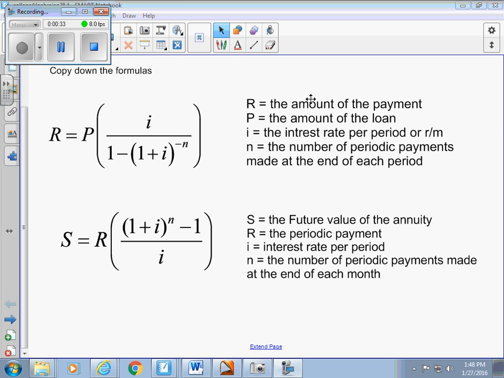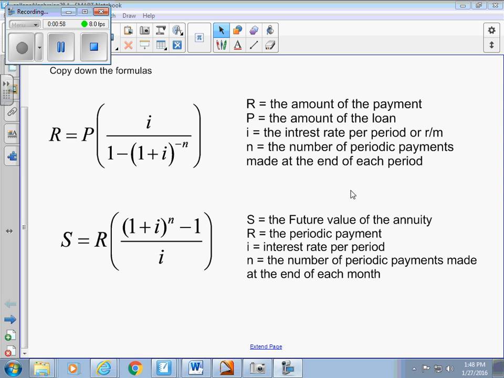R is the amount of the payment, P is the amount of the loan, I is the interest rate per period, which is R over M. M is the number of periods. If it doesn't say otherwise, we're going to assume that's the same as the amount of pay periods. So if we're paying monthly, it'll be 12. Most of the time they don't make that different than the number of payments because that makes the formula more complicated.